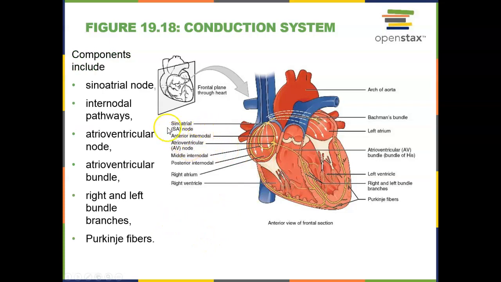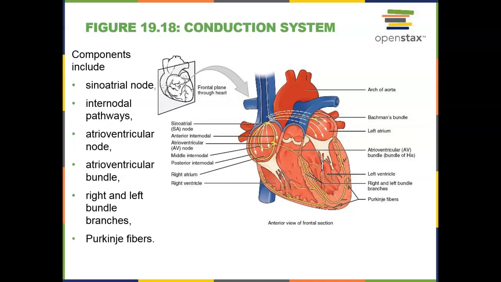So when we're looking at the conducting cells, we start out with the sinoatrial node. The sinoatrial node is in the right atrium, and it is continuously depolarizing and sending signals. About every 0.8 seconds, it depolarizes and sends signals. The signals move from the sinoatrial node into the atrioventricular node, and then also over to the left atrium.